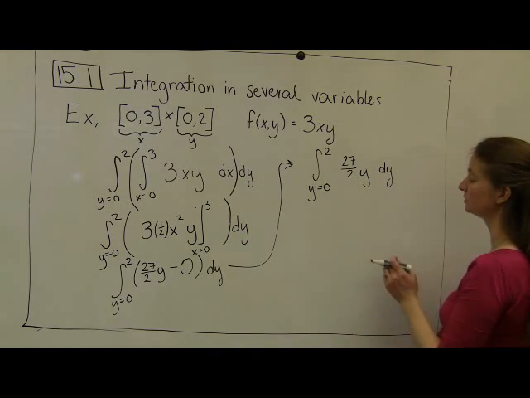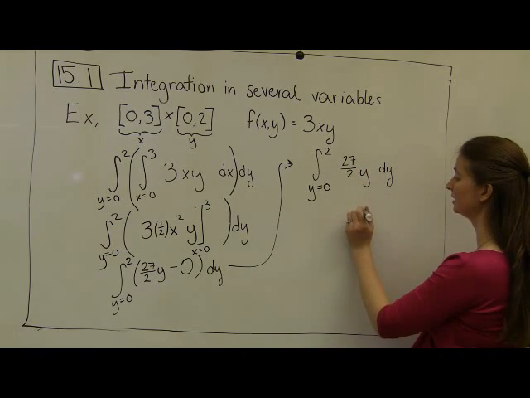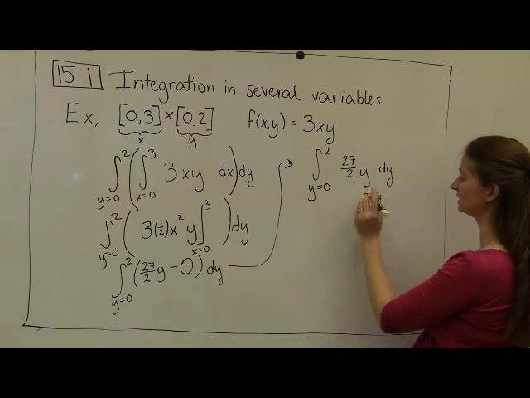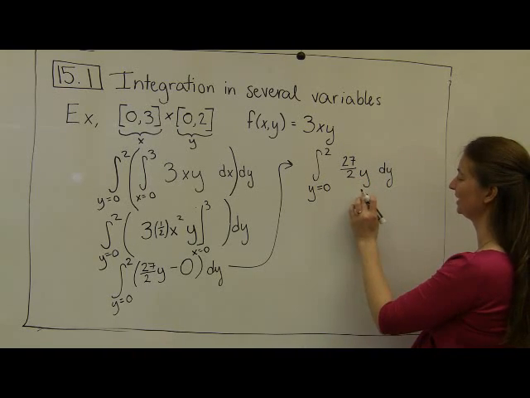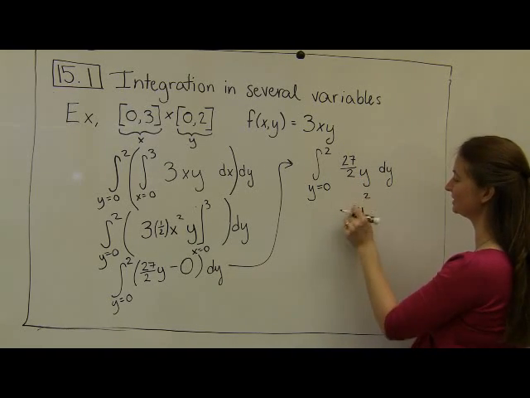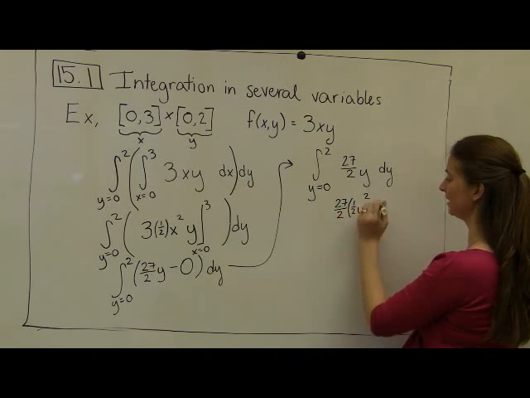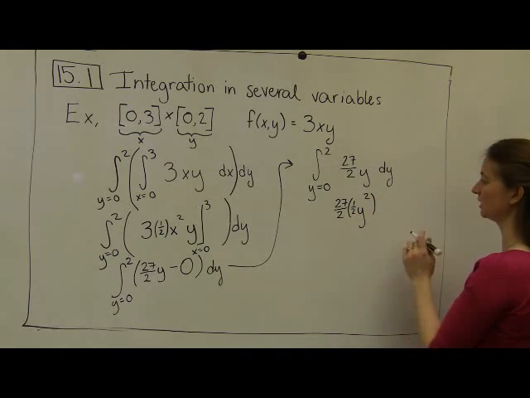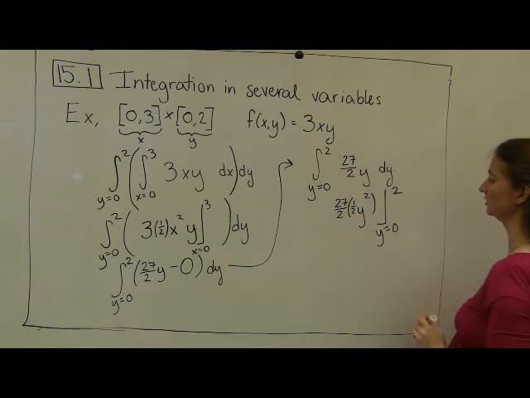So when I integrate with respect to y, it's also a polynomial rule. I'm going to raise the y to the next highest power, which is 2, and then multiply by the reciprocal of this 2, meaning that my constant 27 halves comes along for the ride, and I multiply that by 1/2 times y squared, and then evaluate this from y equals 0 to 2.